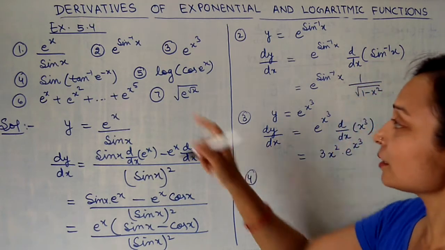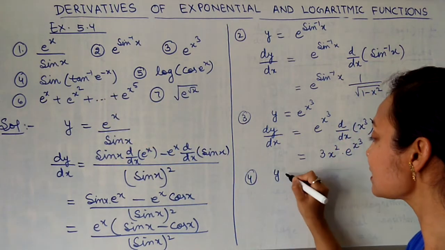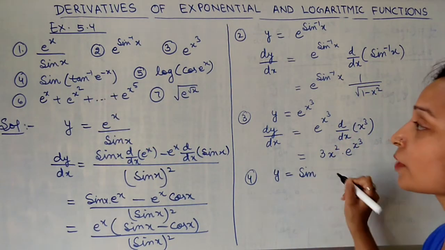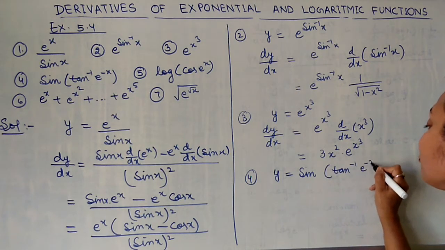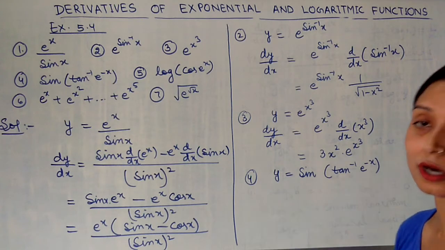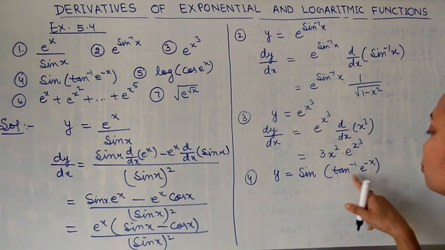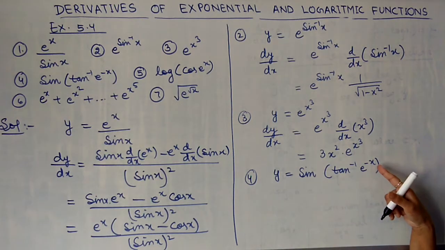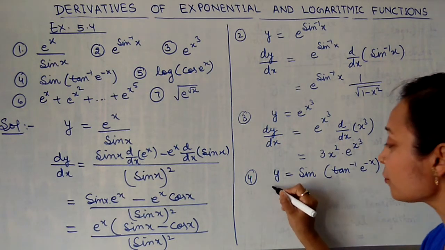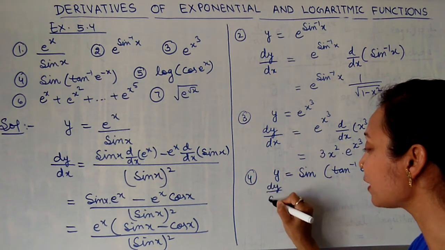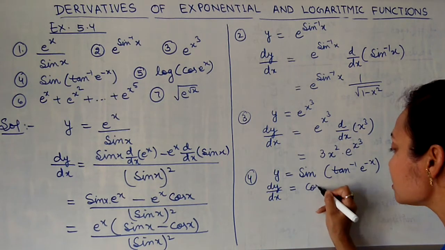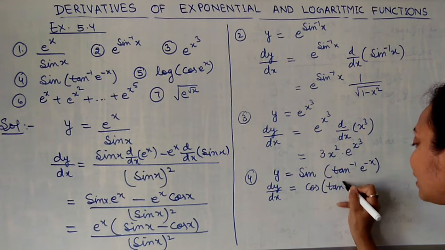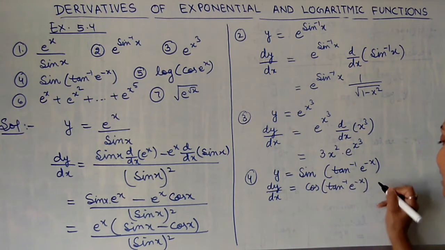Okay, fourth question, that is sine y is equal to sine tan inverse exponential of minus x. So how can you solve it? There are 1, 2, 3 functions, and the fourth is also in the form of powers. So how can you solve the derivative with respect to x? The derivative of the sine function is cos, and the angle remains as it is.